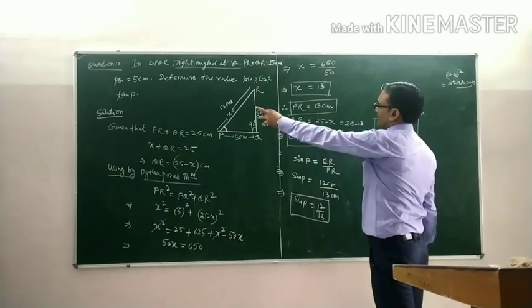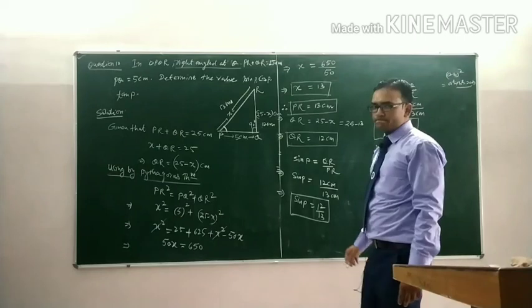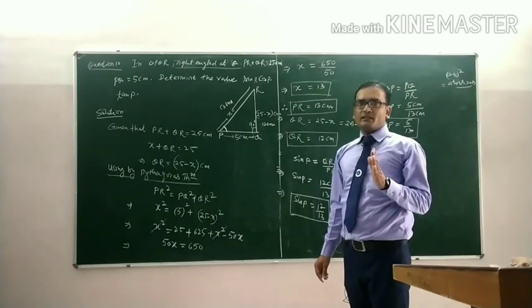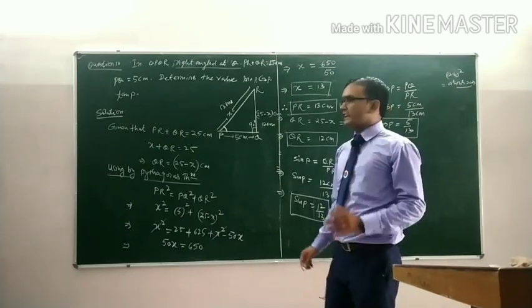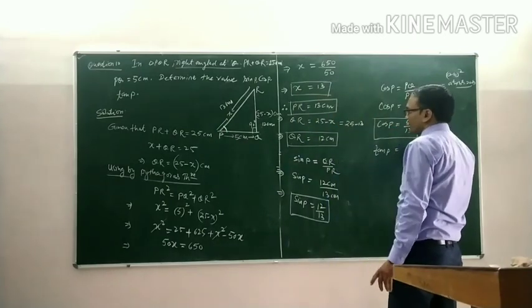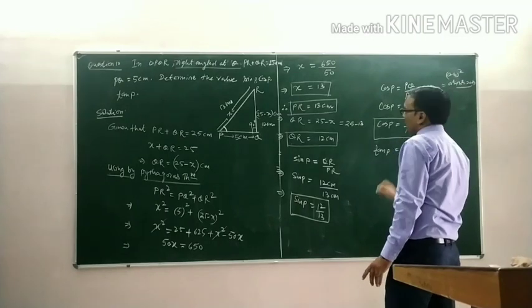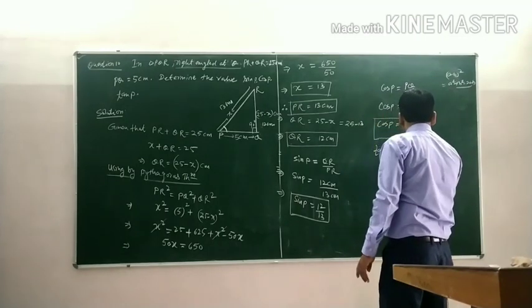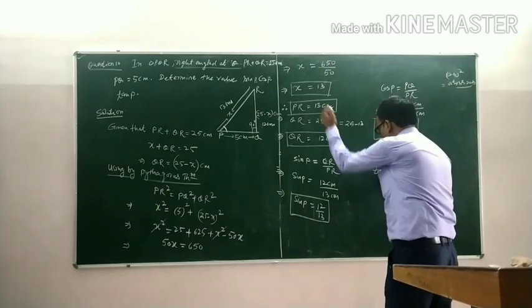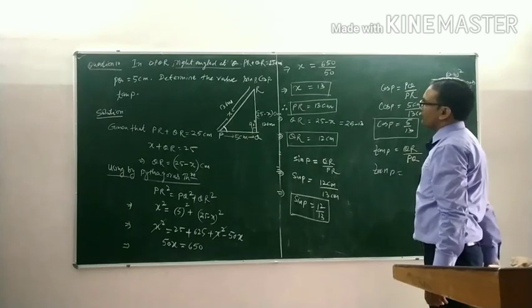And again we find the value of tan P. Tan P is the perpendicular side upon base. What is the perpendicular side? Perpendicular side is QR. QR upon base, which is PQ. That means tan P equal to, what is the value of QR?